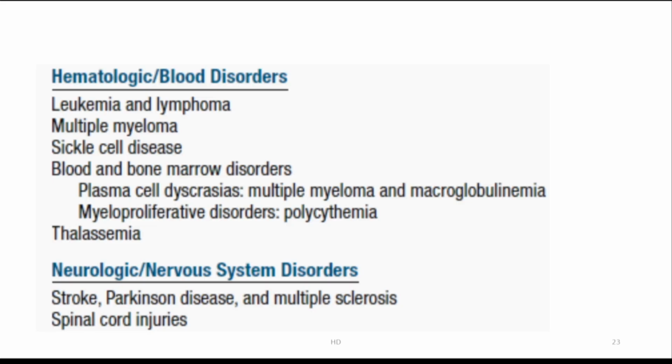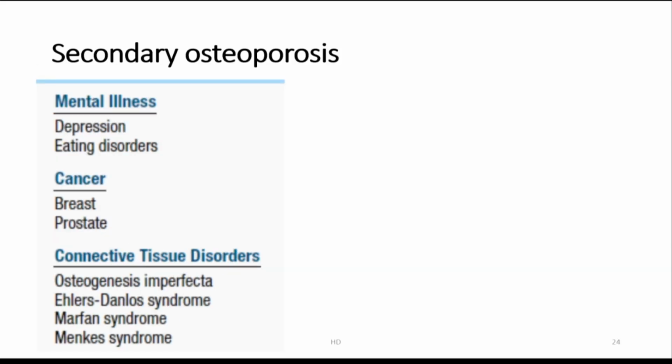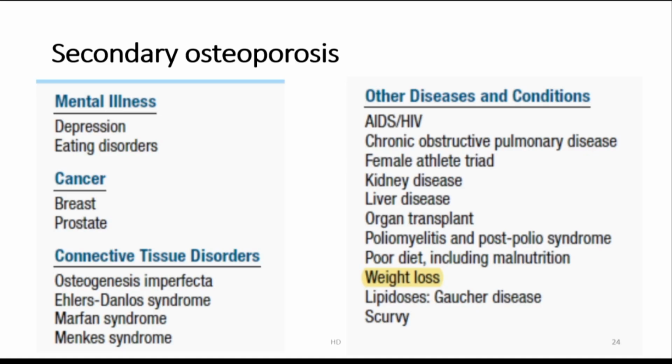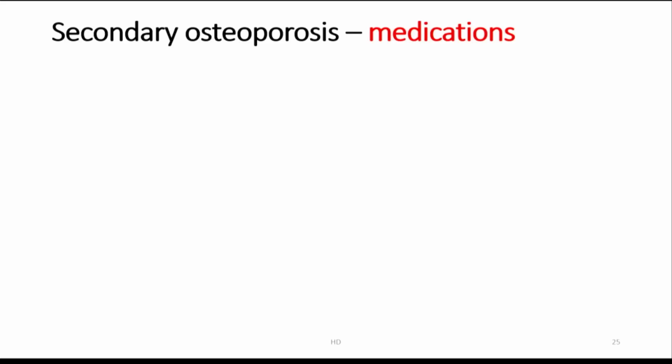Hematological disorders such as leukemia, multiple myeloma, thalassemia, neurologic disorders such as stroke, Parkinson's, etc. have been shown to be associated. Then breast and prostate cancer, osteogenesis imperfecta, we have just seen in the previous talk that it is clearly associated with osteoporosis. AIDS, HIV, COPD, liver disease, CKD, all these are causes of secondary osteoporosis.